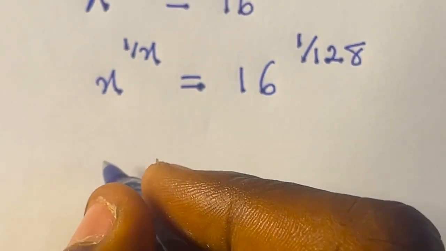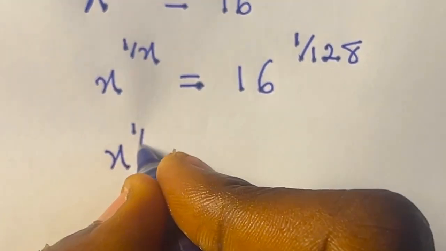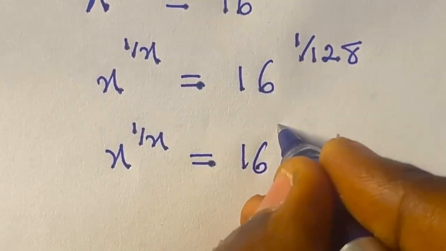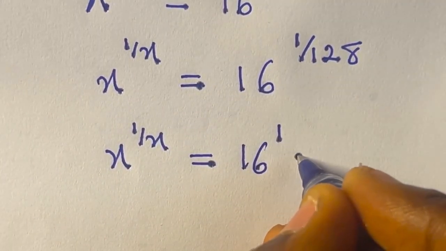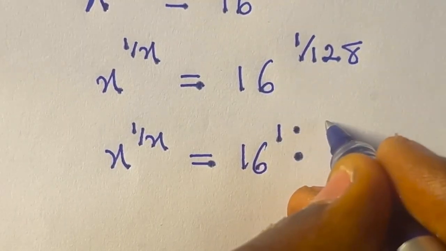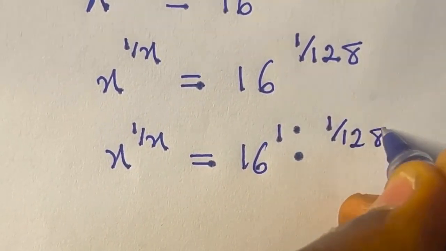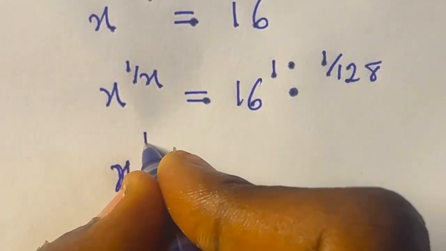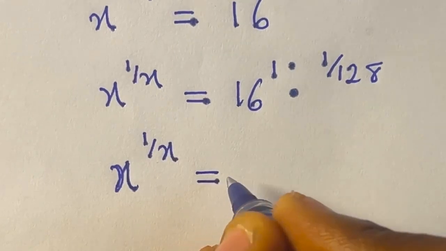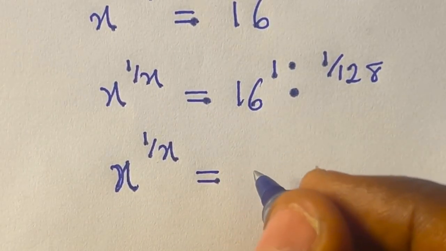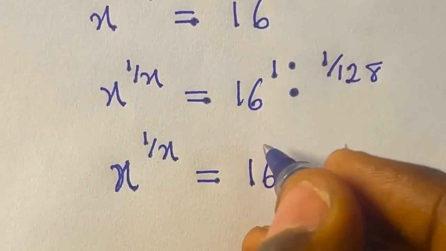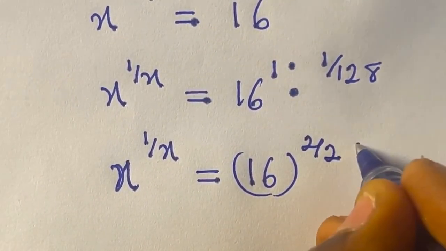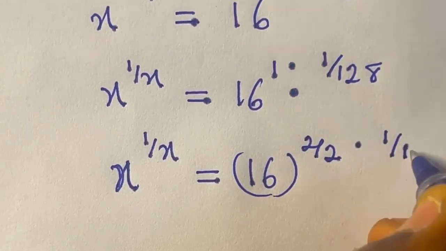Then we're going to have x raised to the power 1 over x equals, again, we can express this as 16 raised to the power 1, multiplied by 1 divided by 128. So x raised to the power 1 divided by x equals 16 raised to the power, this one could be expressed as 2 divided by 2 multiplied by 1 divided by 128.